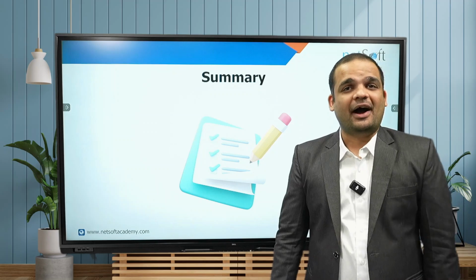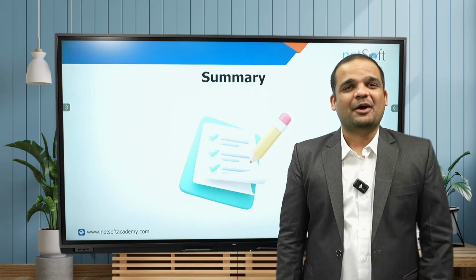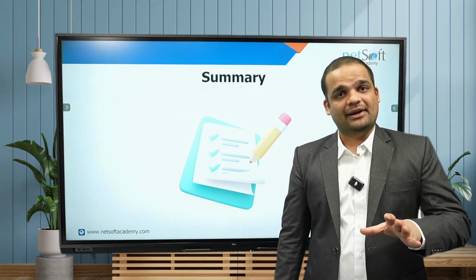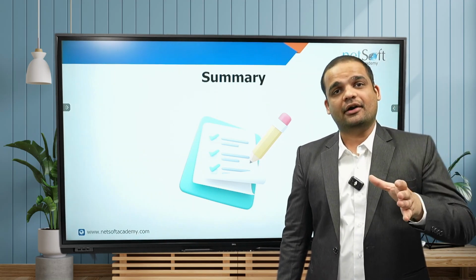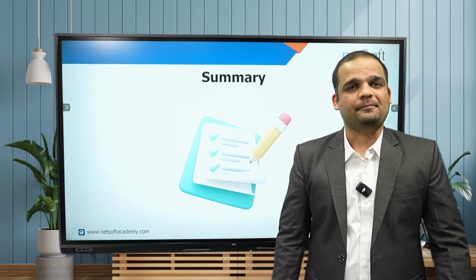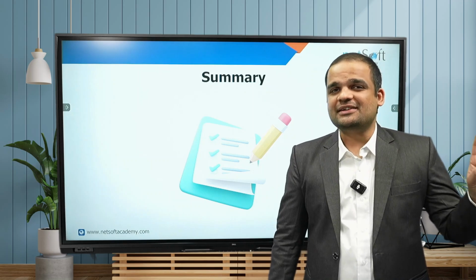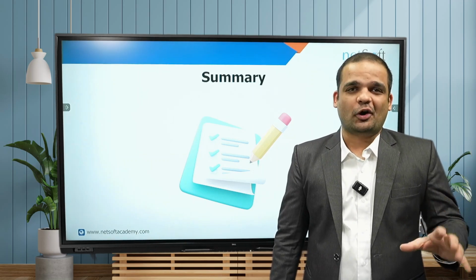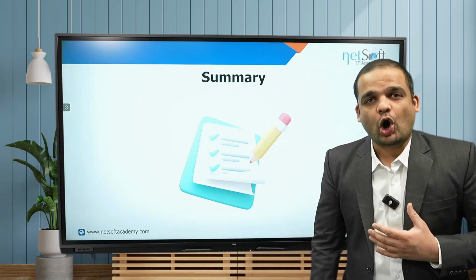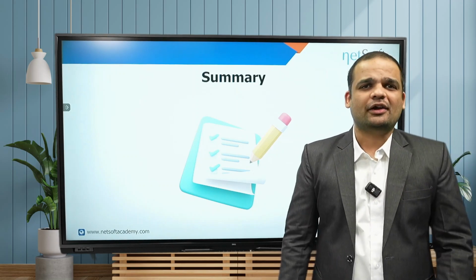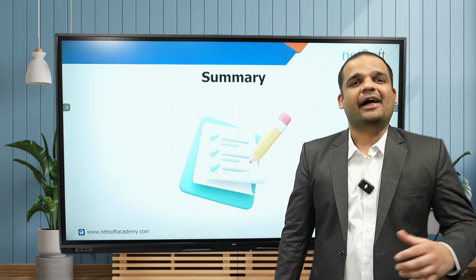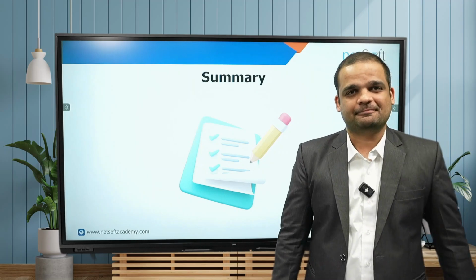Hybrid cloud combines the best of both worlds, offering flexibility, scalability, and better DR, disaster recovery. And community cloud is ideal for organizations with common concerns, allowing for cost sharing and enhanced collaboration.